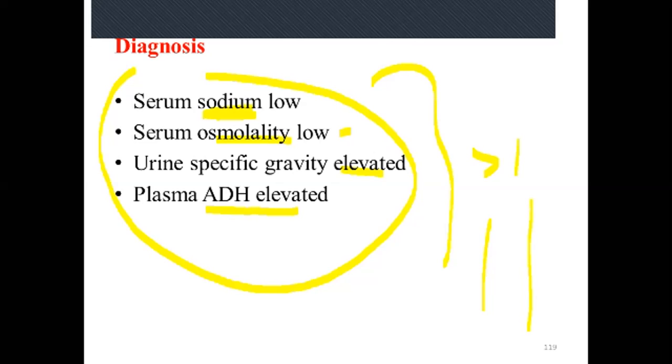We do have a drug which blocks the action of antidiuretic hormone. Any other treatment modalities? Can you give diuretics? Yeah, diuretics can be used because they can reduce the blood volume. So that is another strategy.